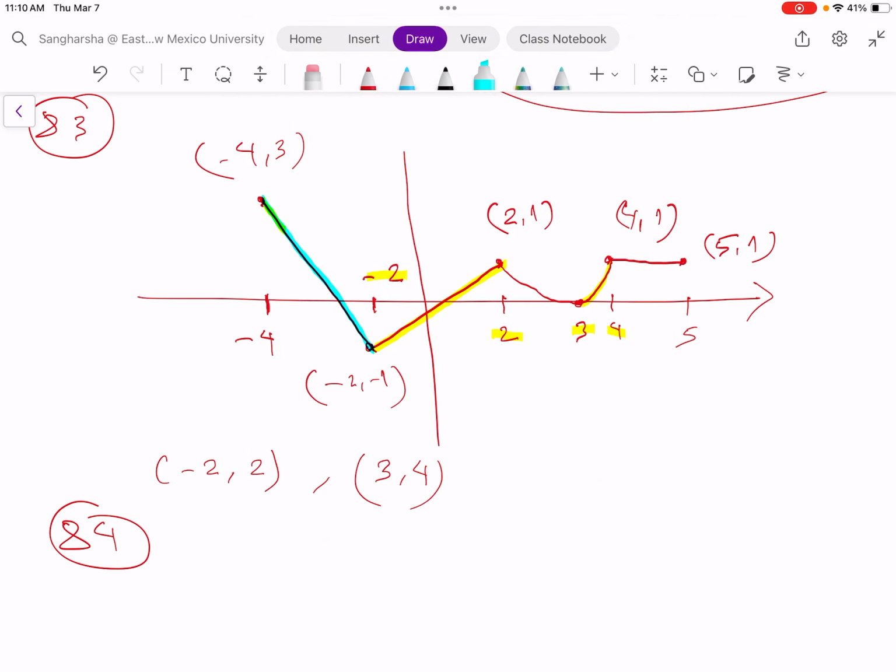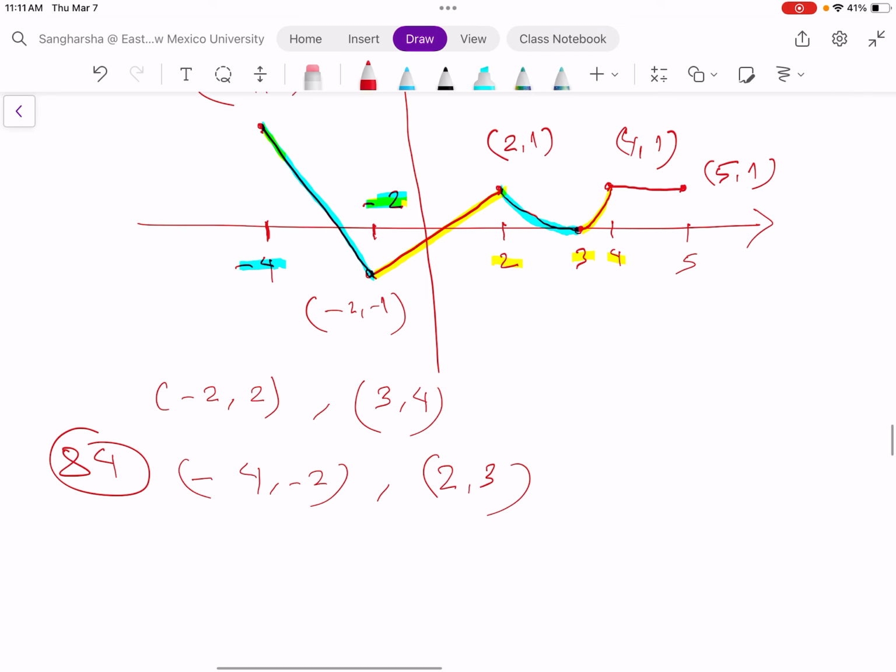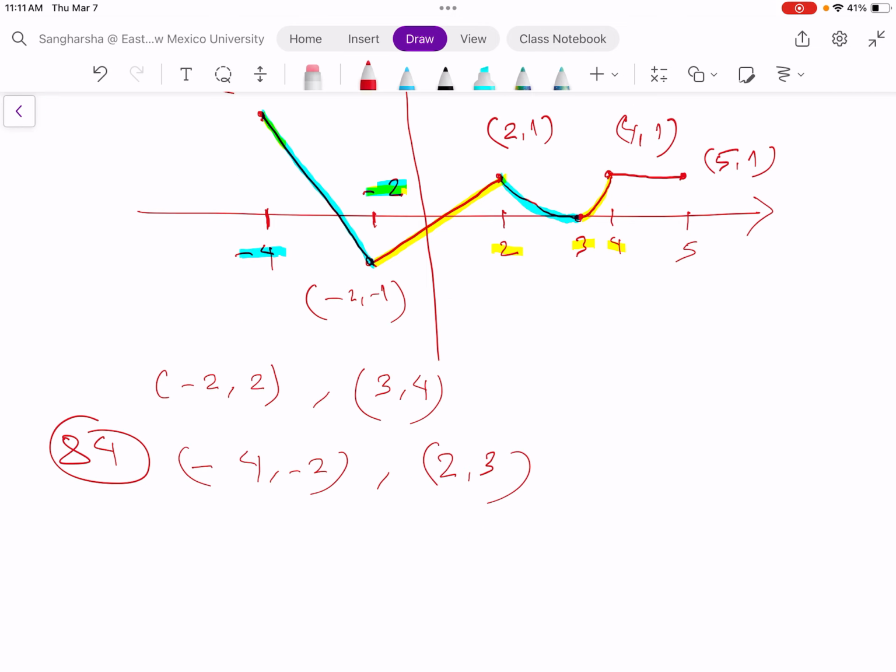We have one more portion here, so we write interval notation for these two parts. From negative 4 to negative 2, and make sure you are using the x values, not the y. The next interval is from 2 to 3. This is the interval where the function is decreasing.